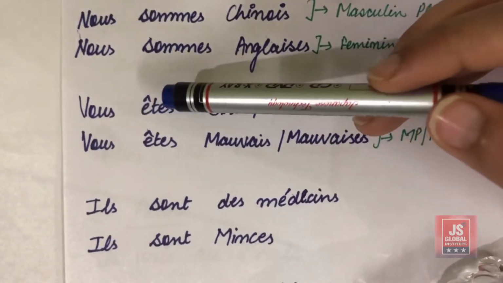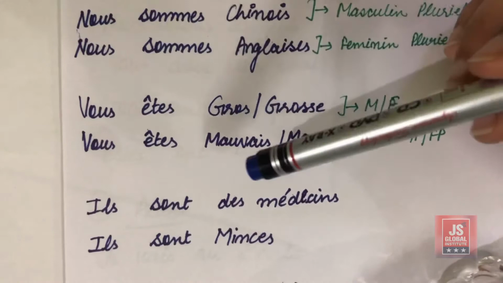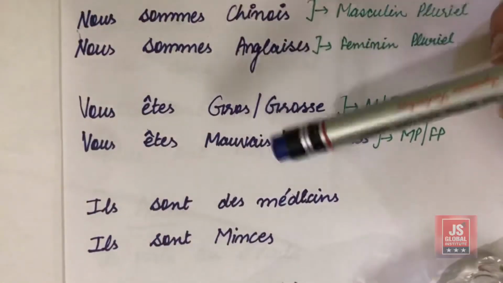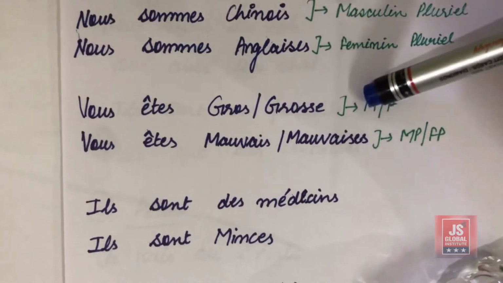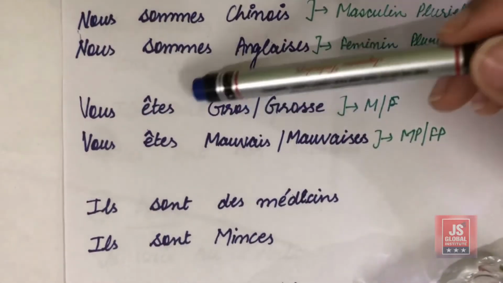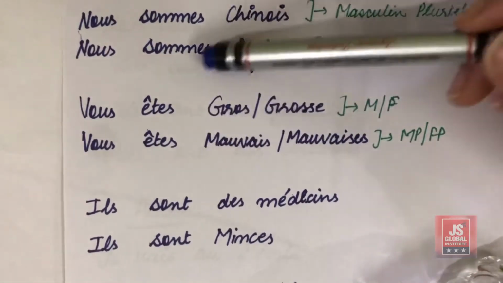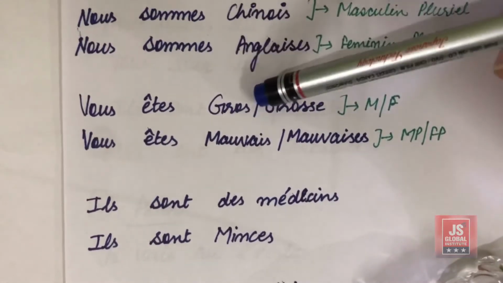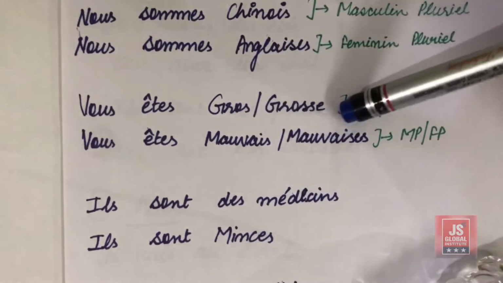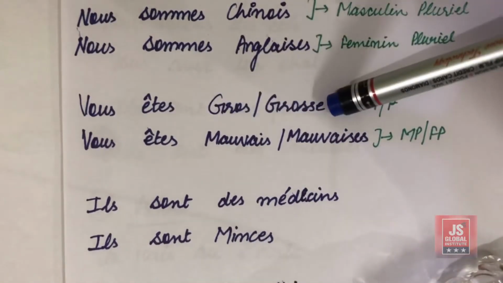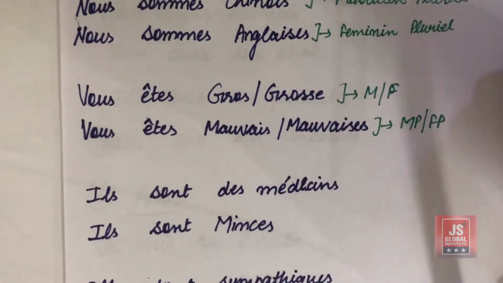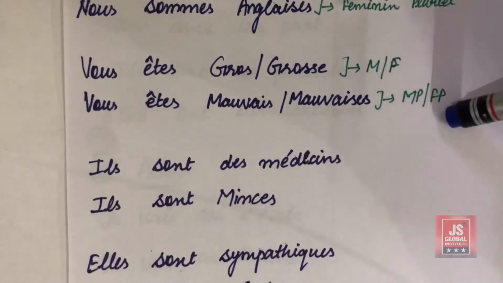Vous êtes. Okay, so if I am talking in a formal way to one person, giving him respect, and that person is masculine, I would use vous êtes gros. I would use the adjective for the masculine. And if that is feminine, then I will use the adjective with respect to the feminine. Vous êtes grosse.